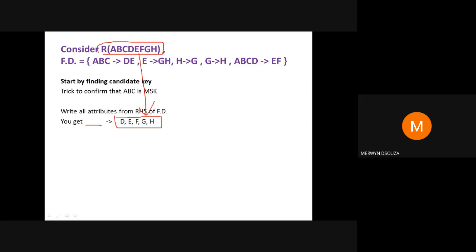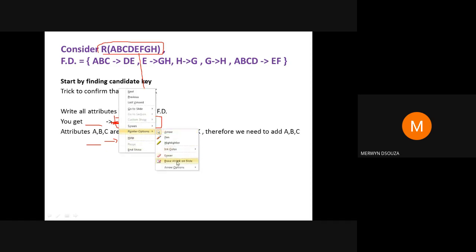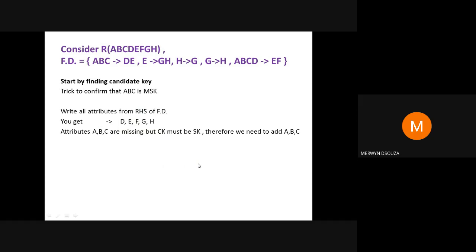Now what is missing here? ABC is missing. So to get ABC here, I introduce ABC on the left hand side, and using the reflexivity rule I will get ABC here, and D, E, F, G, H is already present. That is the trick you can use to find the minimal super key.